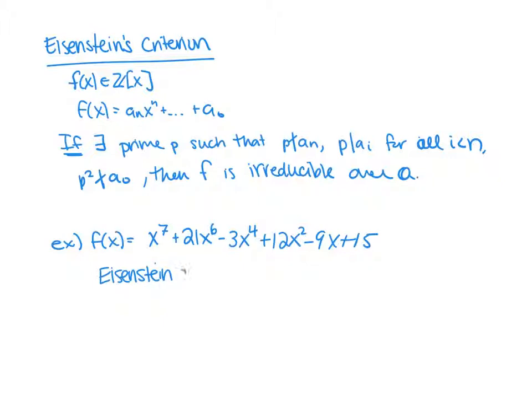And we usually say it's Eisenstein at 3, meaning it has this property for p equals 3. By that we mean this coefficient is not a multiple of 3, but the rest of them are. And this one is not a multiple of 3 squared. So it meets all the criteria, and so Eisenstein's criterion says this is irreducible.